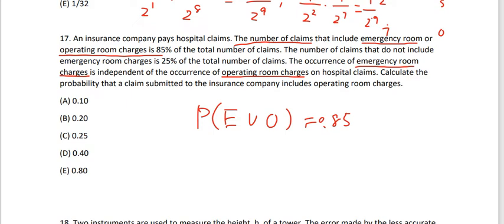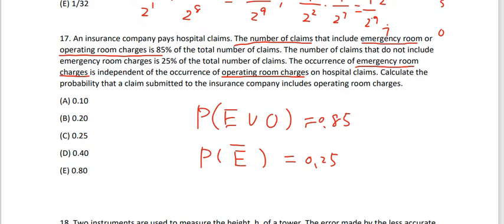Then let's say the number of claims that do not include emergency room, so it means E bar. Those probability equal 25. And also we know this E and O are independent.